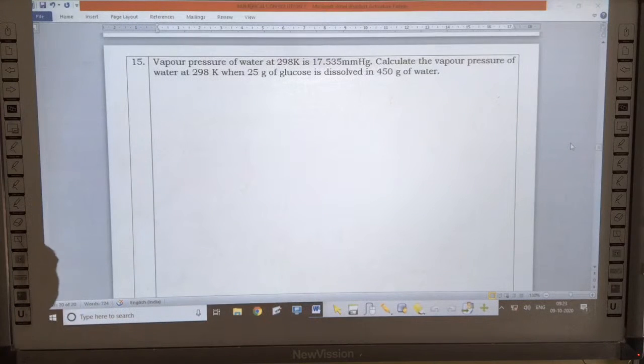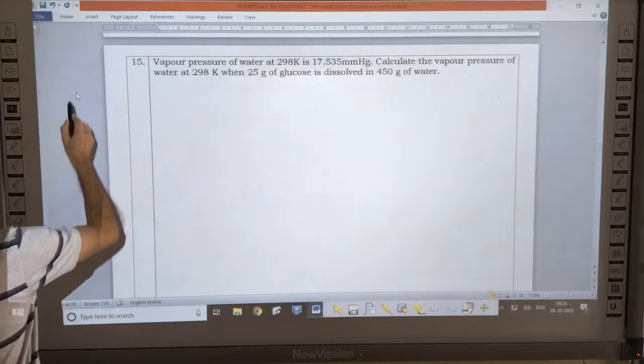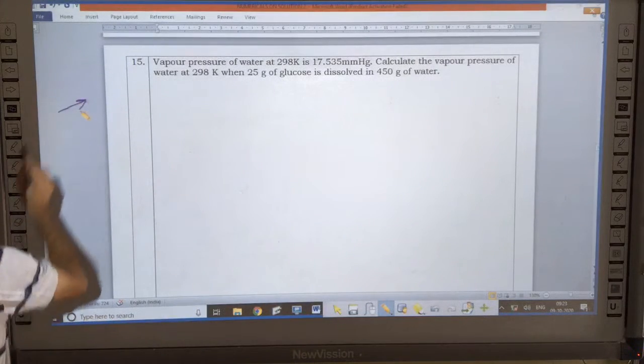Calculate the vapor pressure of water when 25 gram of glucose is dissolved in 450 gram of water. Now let us solve it.